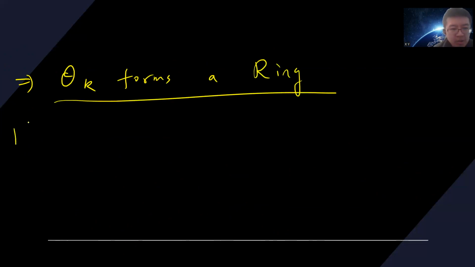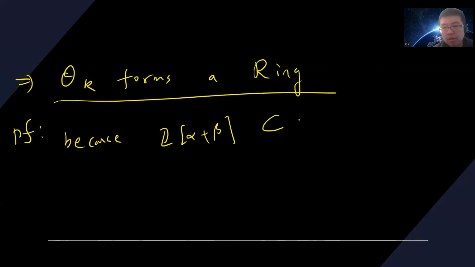Once we have this, we can prove the closure properties. The proofs are very simple because if you take two algebraic integers, then Z[alpha, beta] is a finitely generated Z-module, which is basically a free abelian group.